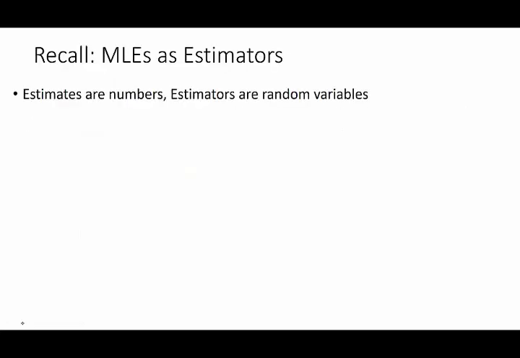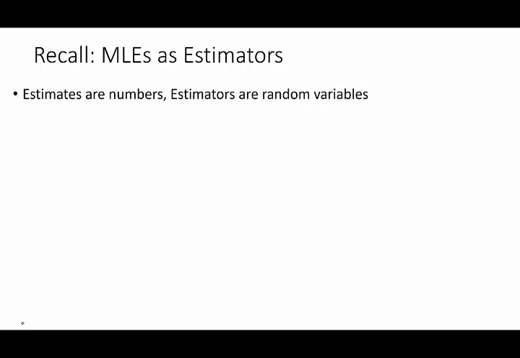So to begin, we're going to need to take a step back towards what we did earlier in the class and discuss the difference between estimates and estimators. Estimates, MLEs, as we first compute them, are numbers. We throw in some data and we get out this number, which is a point estimate for some unknown parameter.